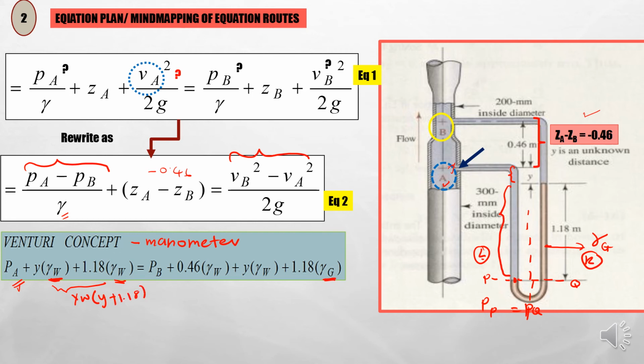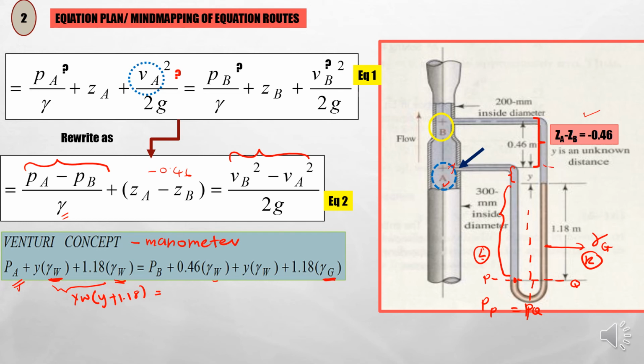And what about the pressure at point Q? For point Q, the pressure is contributed by the pressure at B, plus the elevation here, which is 0.46, times γW, the specific weight of the water, because here it still consists of water, plus y times γW. This is the area that we are talking about.